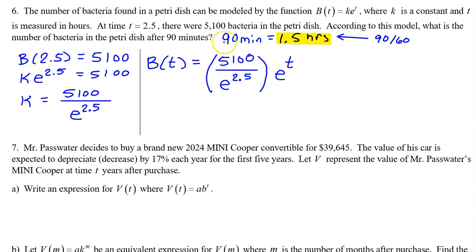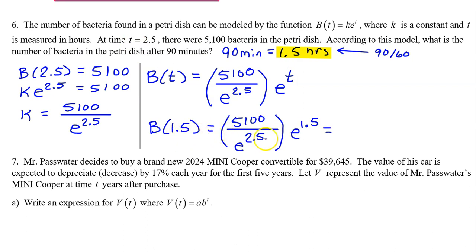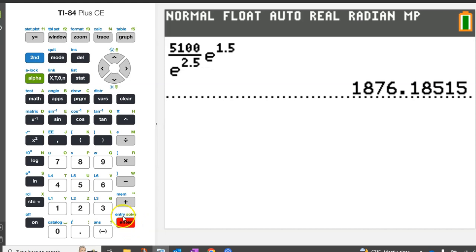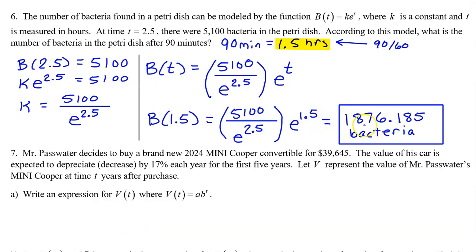To find the number of bacteria in the petri dish after 90 minutes, we need to evaluate this model at 1.5 hours. Don't forget that t is in hours. b at 1.5 equals this. All we have to do is type this into the calculator. Kabam! There are 1,876.185 bacteria in the petri dish after 90 minutes.